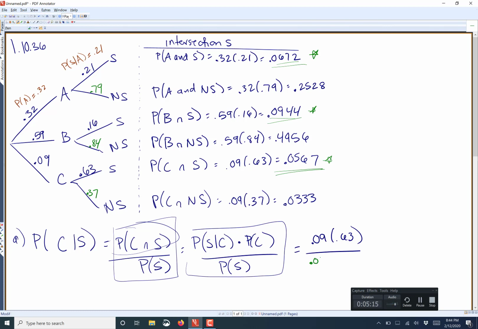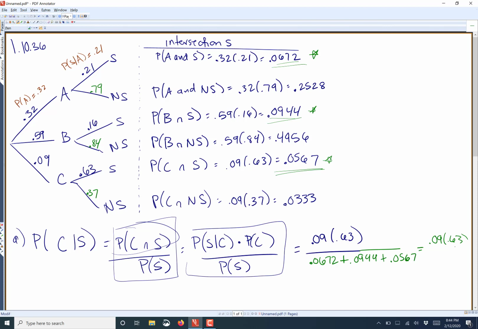0.0672 plus 0.0944 plus 0.0567, those three probabilities added together should tell us the probability of having symptoms. So if we add that, we get 0.09 times 0.63 divided by 0.2183, which gives us 0.26.